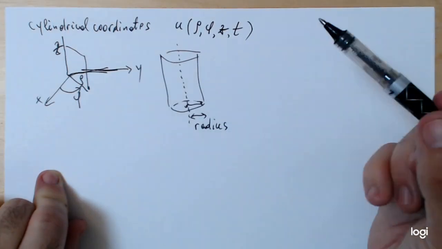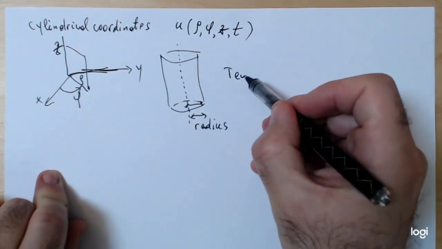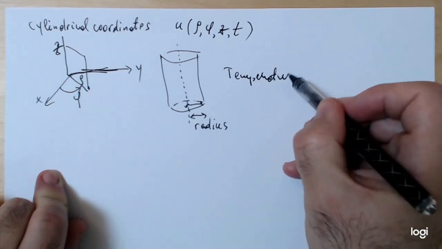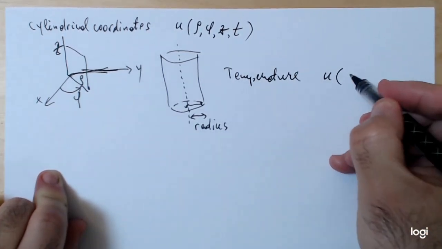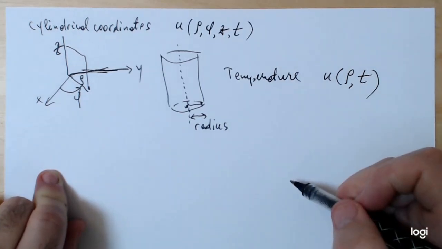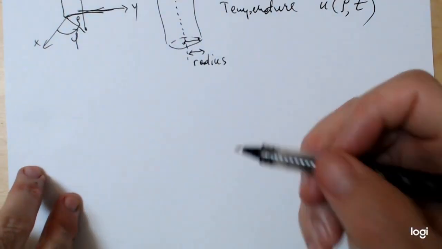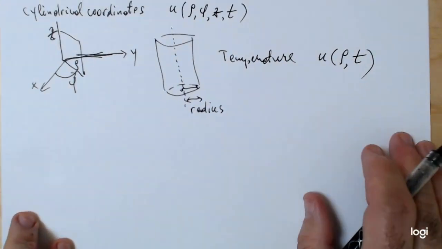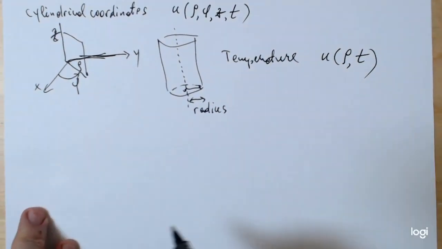So in these assumptions, you could assume that the temperature depends only on rho, the radius, and the time t. And then the heat equation, and at this point, take a look at the Laplacian in cylindrical coordinates.